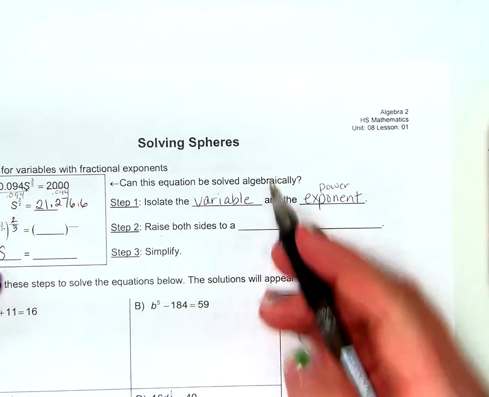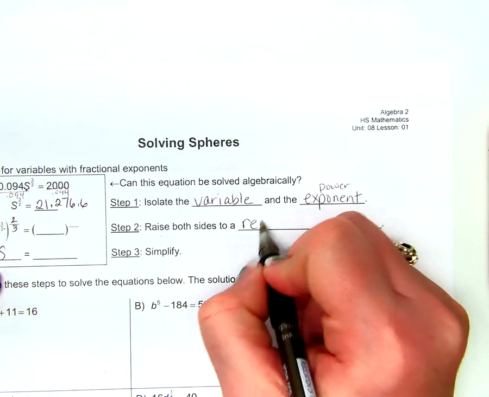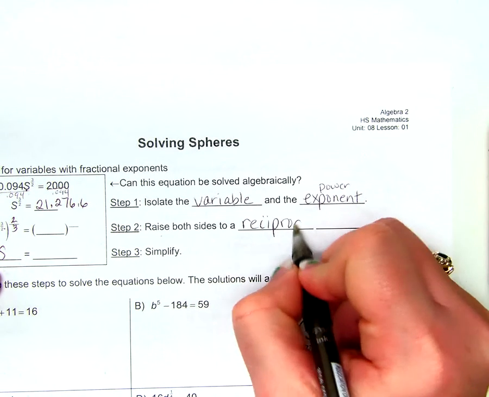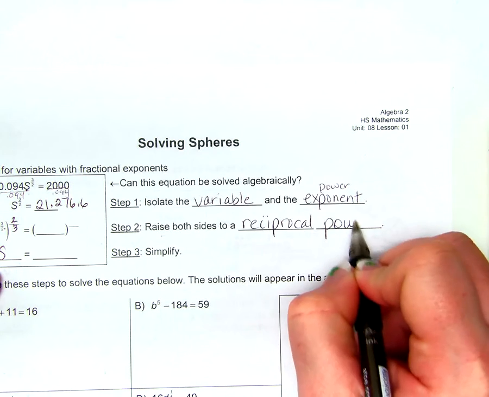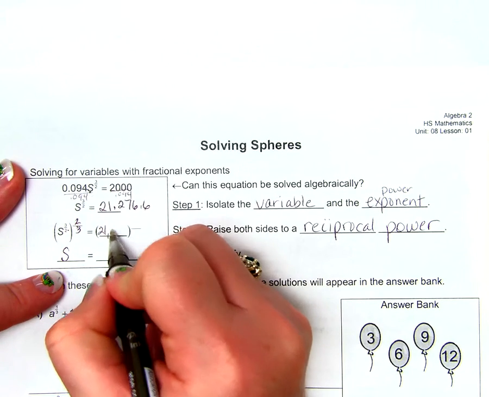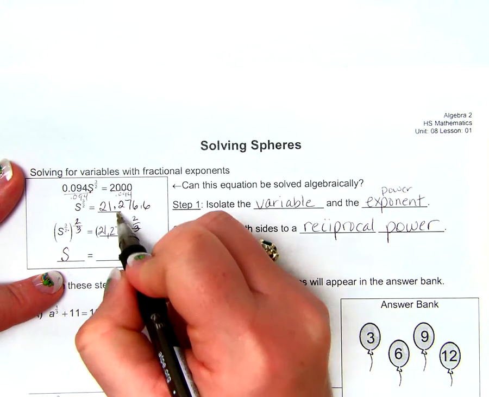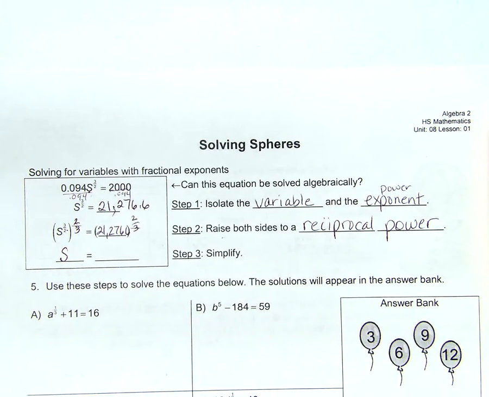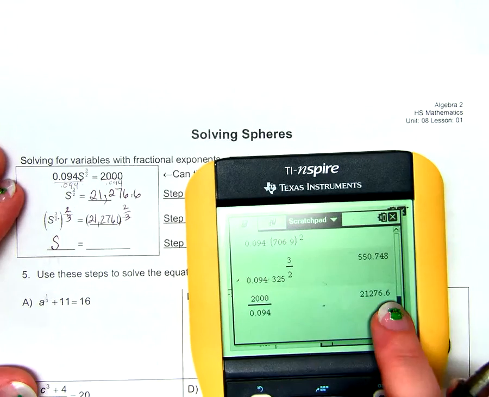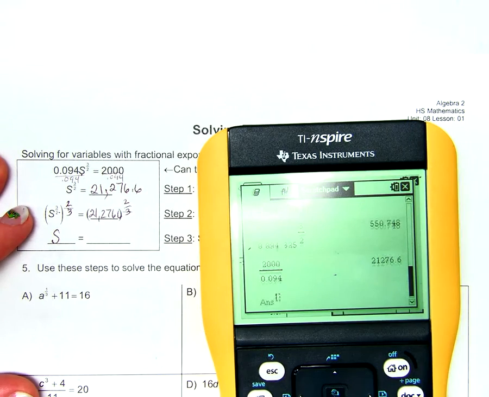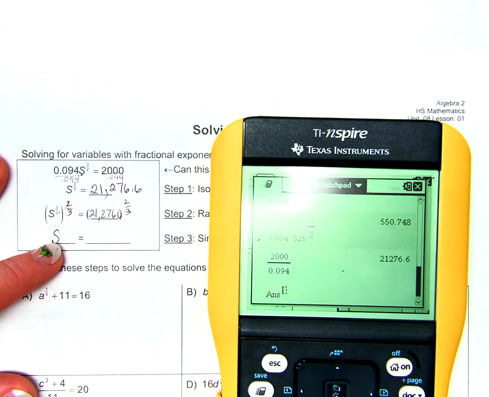So we need to raise both sides to a reciprocal power. So I have 21,276.6 also raised to the 2/3 power, because I can't do something to one side and not do it to the other. I still have that number saved in my calculator, so I'm going to raise that number to the 2/3 power.